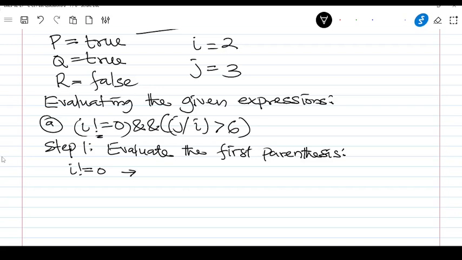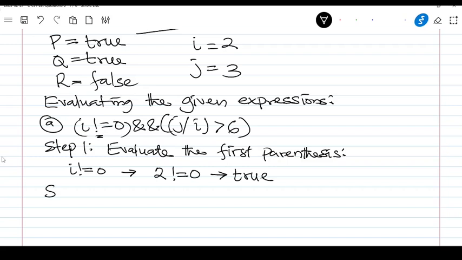And what is I? I is given as 2. So we're saying that 2 is not equal to 0, and that gives us a Boolean value of true. It is indeed true that 2 is not equal to 0. So that is true. Then we're going to go to the other one.